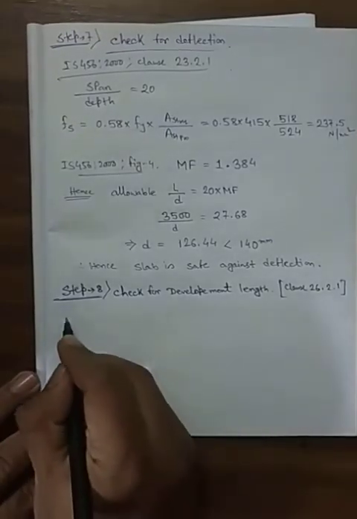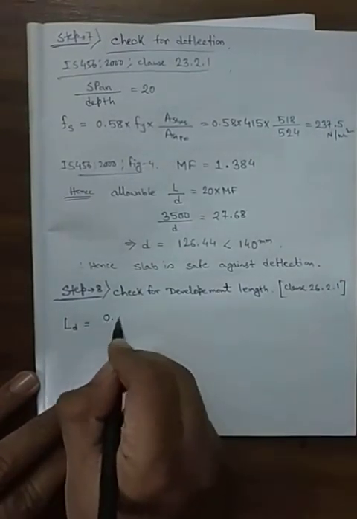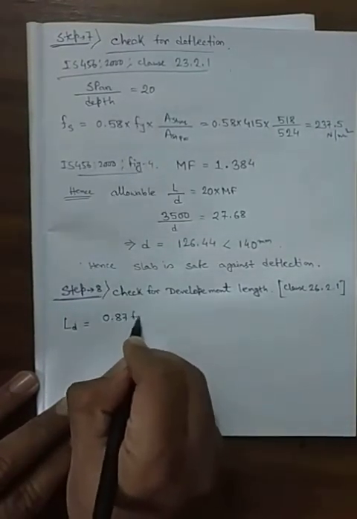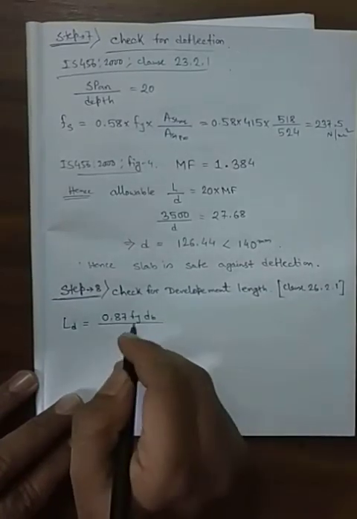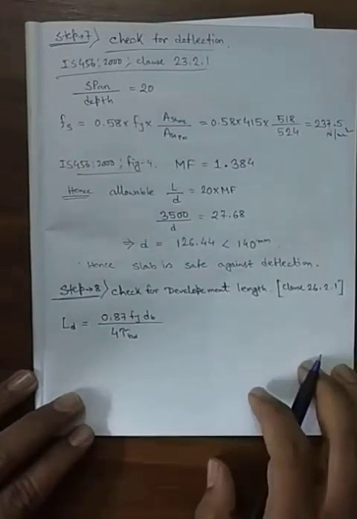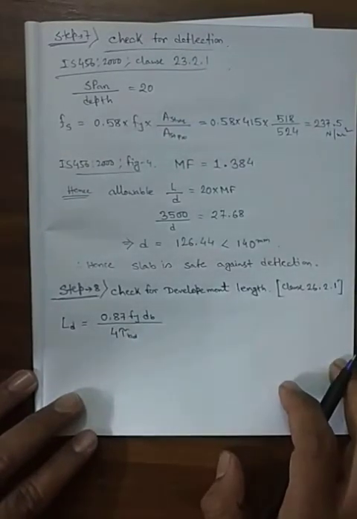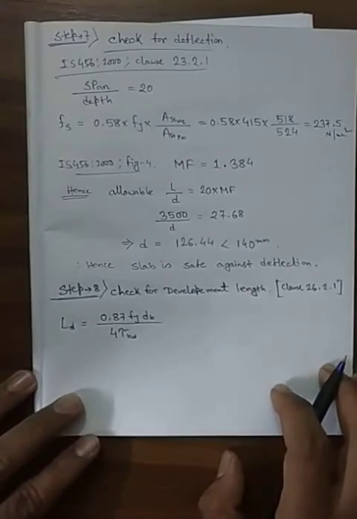It says that our development length LD will be 0.87 Fy into dB divided by 4 tau bt. There are a few unknown terms. What is Fy? We all know that it is the ultimate tensile strength.